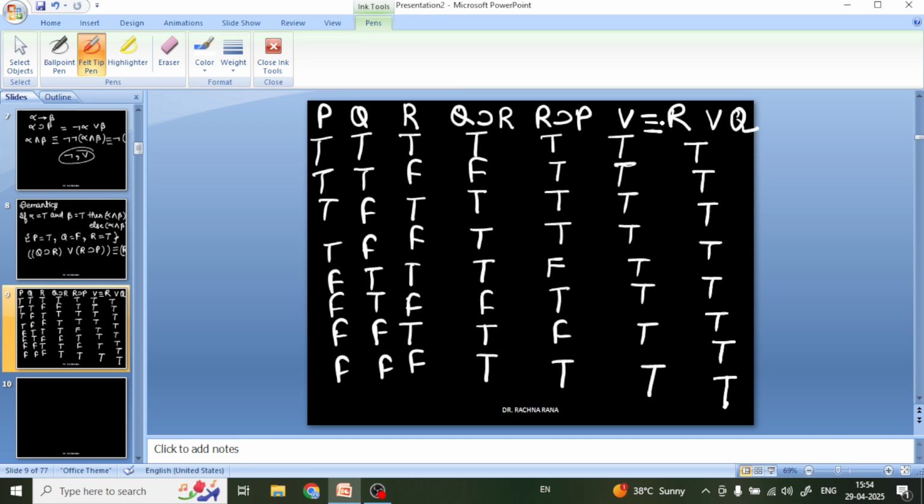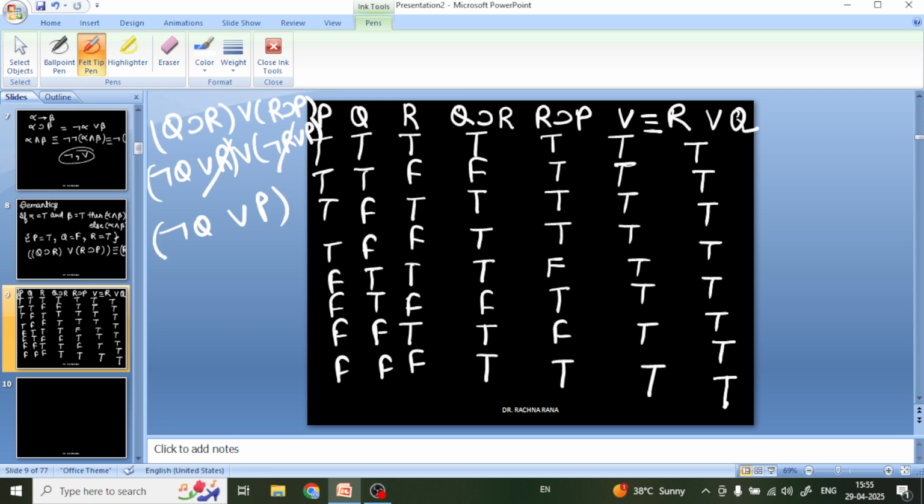Or another way, you can solve it like this: Q implies R or R implies P, not Q or R, or not R or P. This one, finish this one, not Q or P. And when we find P in not Q or P, you will find the same answer.